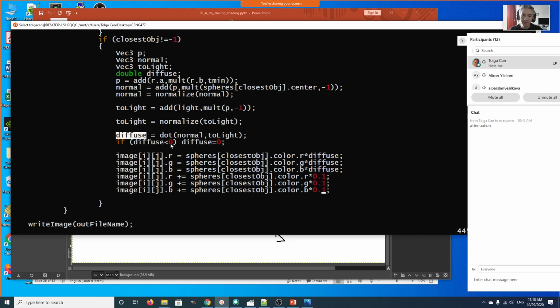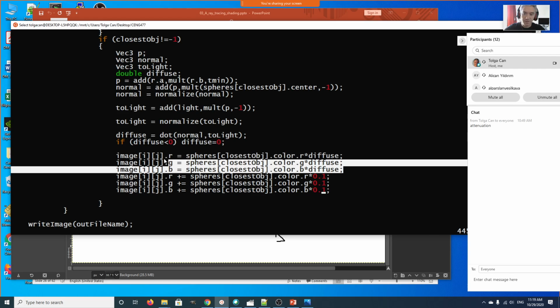If it's less than 0, I set it to 0, just to avoid negative values. And then what I simply do is, whatever the color of the object is, I take my color, light intensity, power like 1, and whatever the reflectance coefficient is, I multiply it with the light intensity, which as I said is like 1, and I multiply it with this cosine alpha, which is the dot product between N and L. That becomes the diffuse component.